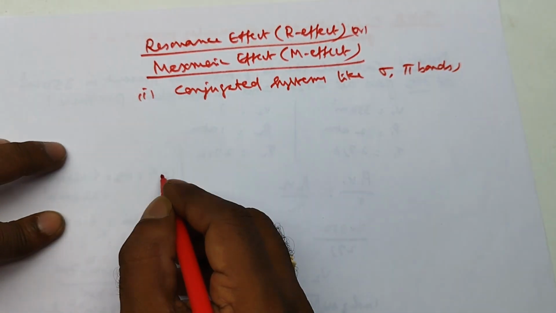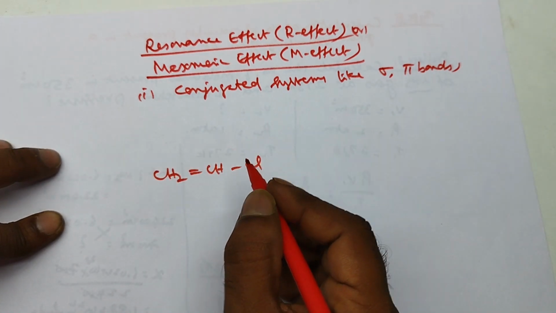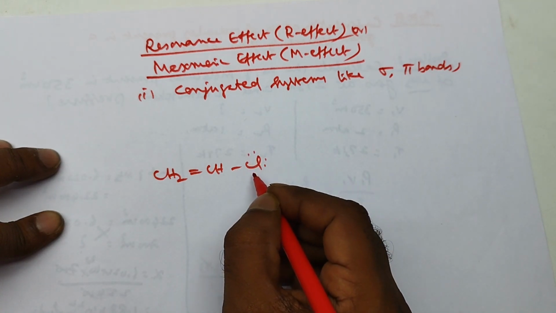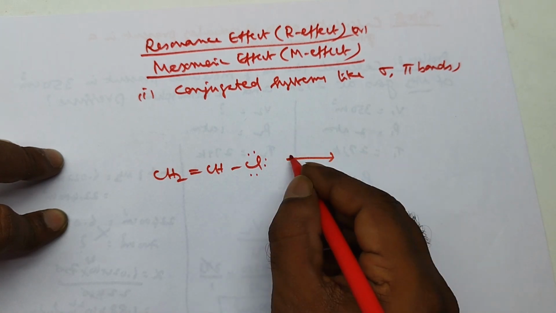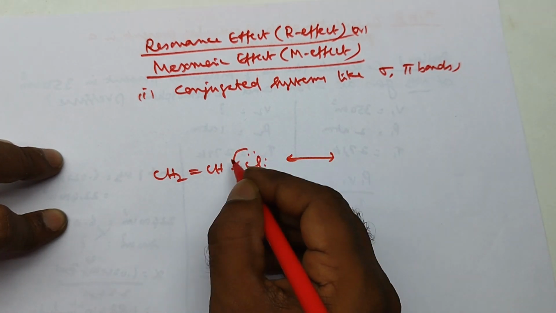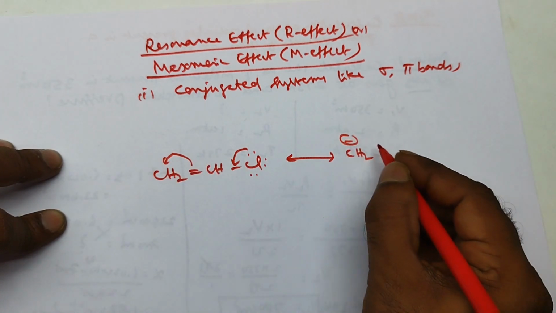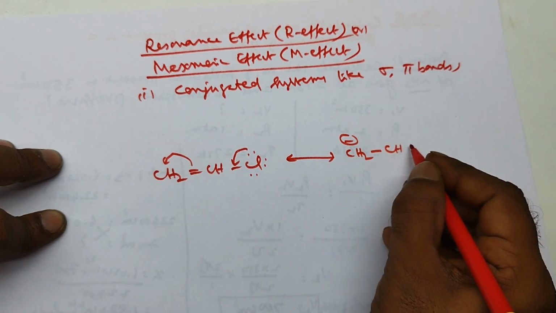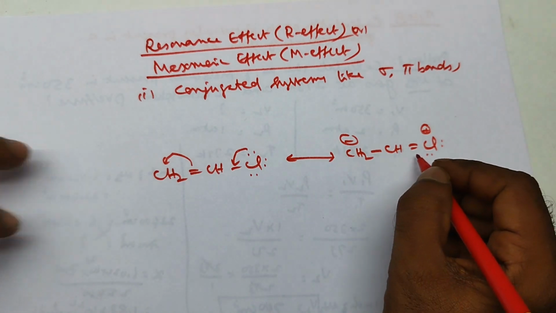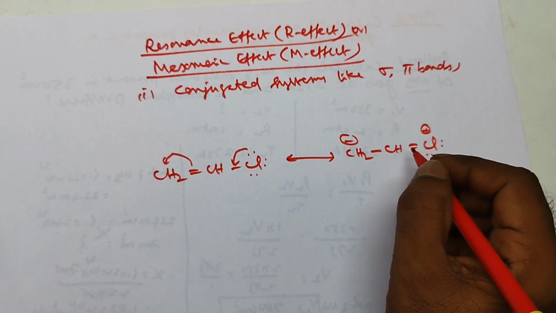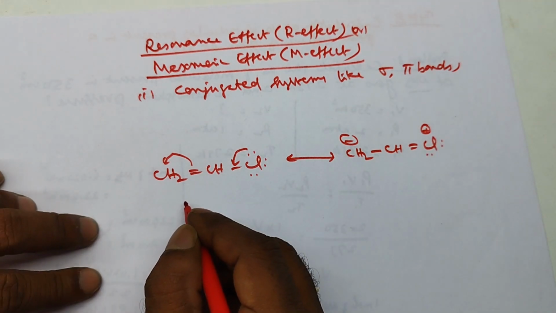Say, for example, you can take CH2=CH-Cl. You want to fill up the valence electrons of this chlorine, and you want to write the similar structure. You have to shift these electrons to here and here. What will happen? It will become CH2 minus, CH double bond Cl plus charge. Here there are two cases.